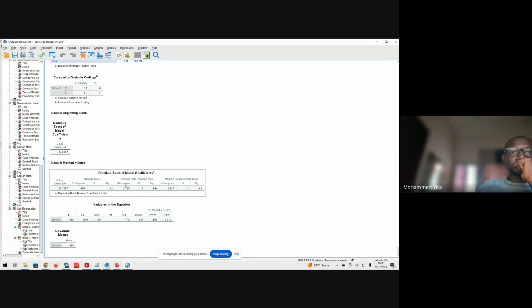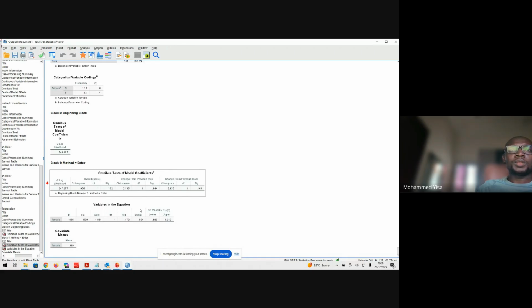This particular table tells us whether or not the model itself is statistically significant. That is, whether or not adding the variable female to this model is statistically significant. And that's why it says change from previous step, the previous step being block 0. So we can see that the addition of that variable actually did not make a statistically significant change to the model, but we're just going to go ahead for the sake of interpretation.